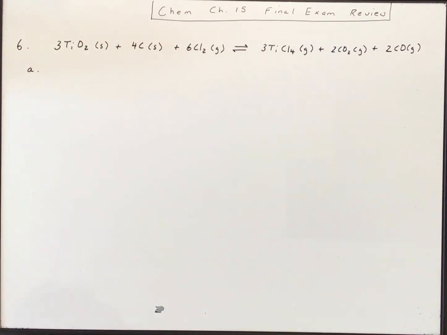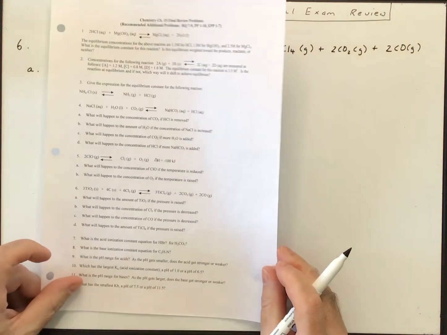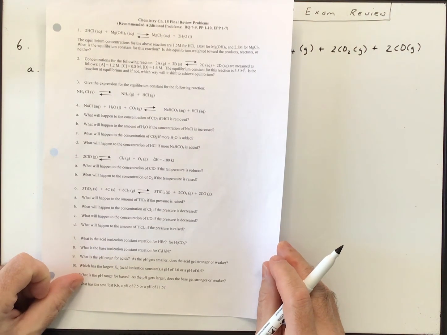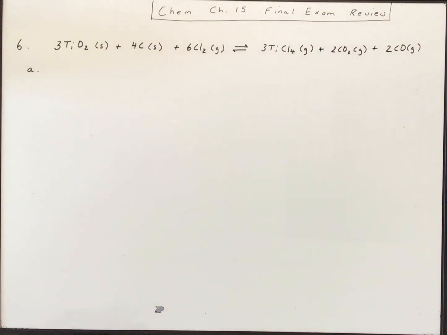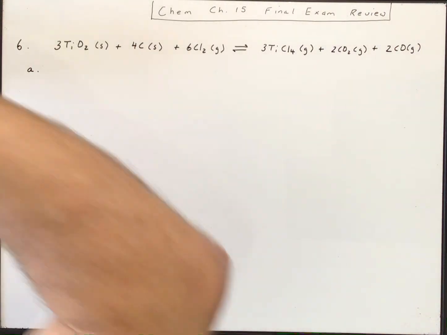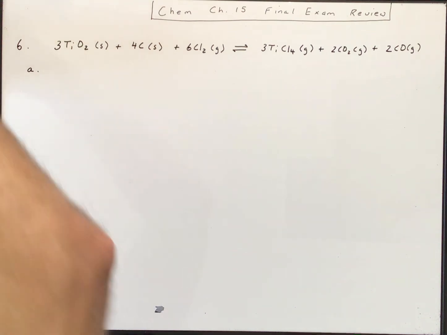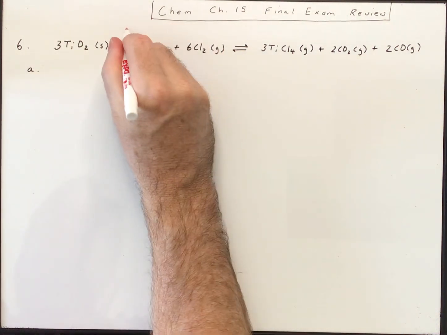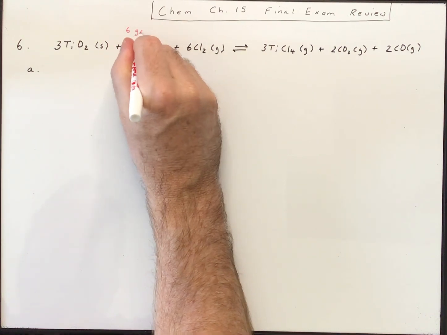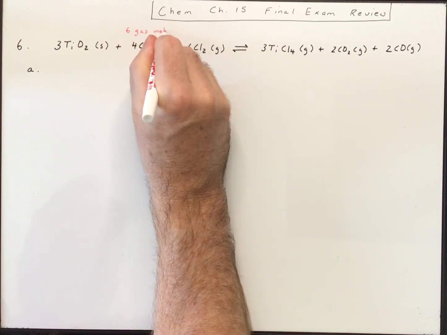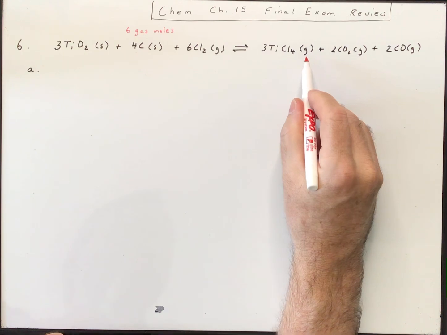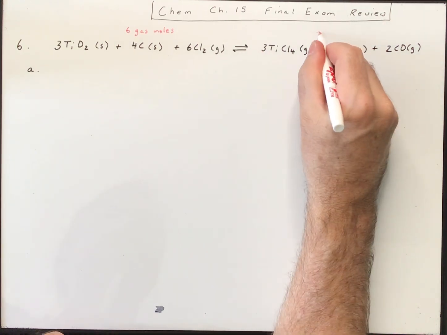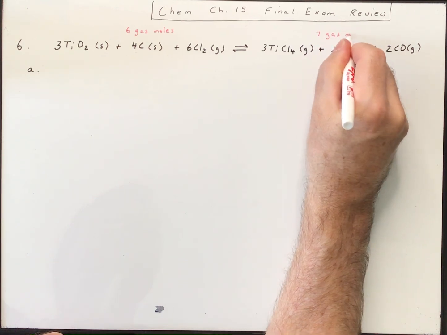So part A says, what will happen to the amount of TiO2 if the pressure is raised? Now, when we're dealing with pressure, we need to add up the number of gas moles on each side. All right, it's all about the gas moles. So on the left side, we have 6 gas moles. And on the right side, we have 1, 2, 3, 4, 5, 6, 7 gas moles.